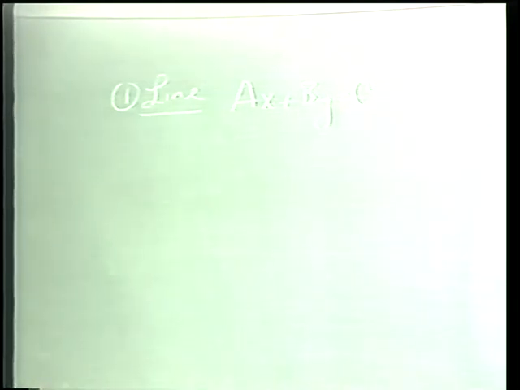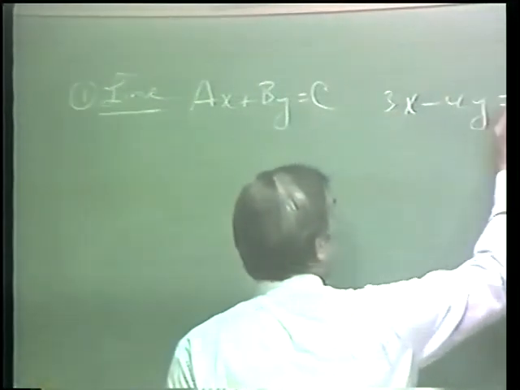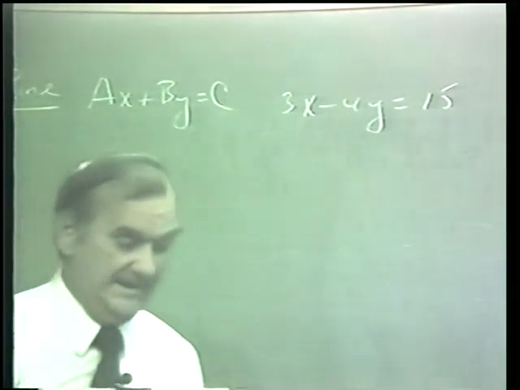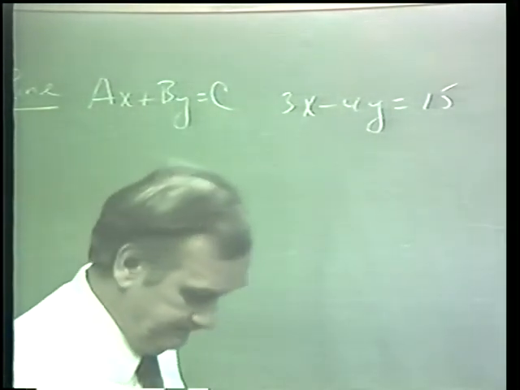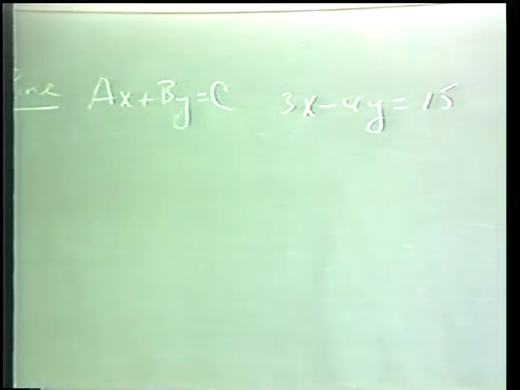By first degree, I mean the highest exponent used for the variable. Notice all our variables, the highest exponent we use is 1. This is always a line. Example, 3x minus 4y equal 15. Line. We know how to draw the picture of the line.